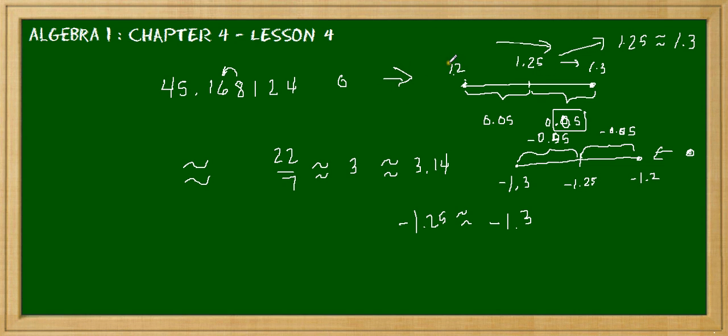So let's read on. This means that to the nearest tenth, 1.25 is approximately 1.3, and negative 1.25 is approximately negative 1.3. Ordinarily, when we write a number such as 1.3, we mean exactly 1.3.